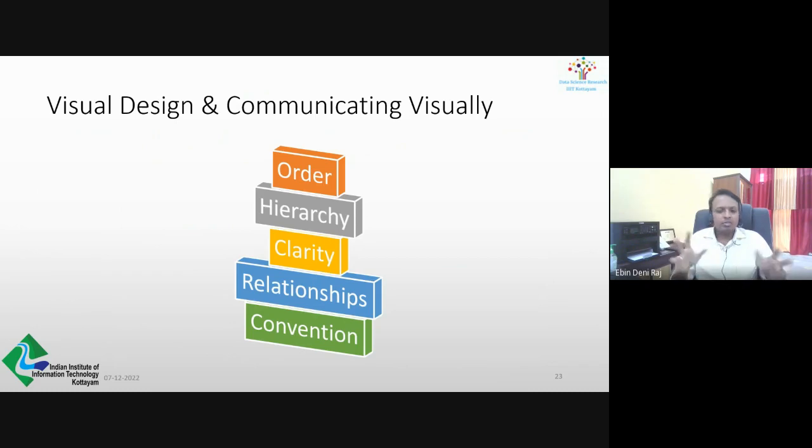There's an entire field of research on this topic across different disciplines, be it psychology, child development or graphic design. But when it comes to its application to data visualization, there are five aspects. One is order, the other is hierarchy, then you have clarity, then relationships, and then convention, right? We'll explore these and how you apply them to a data visualization.